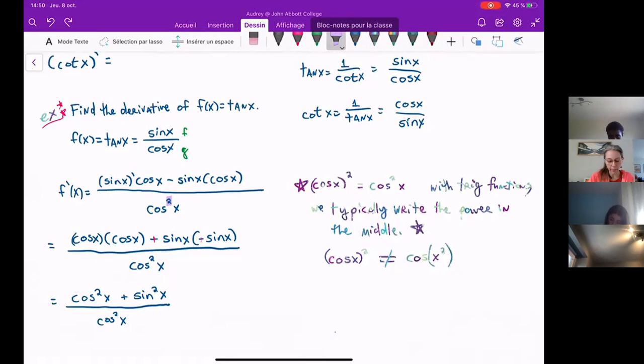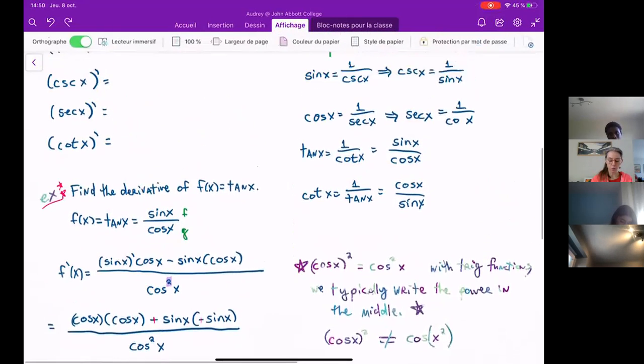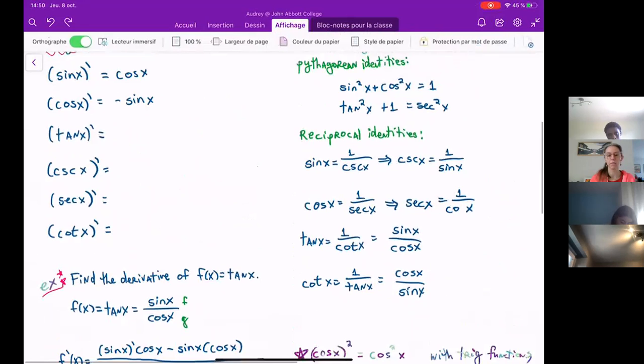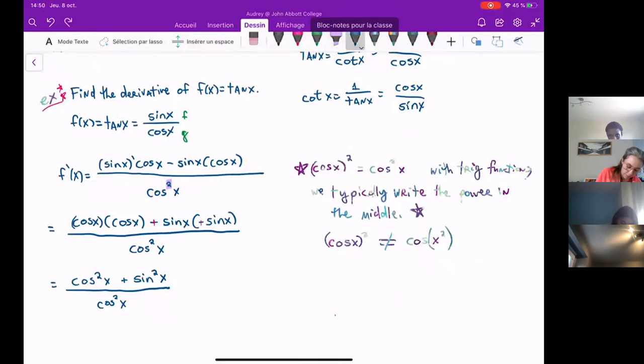Instead, I'm going to resort to my identities. What did we say cosine squared of x plus sine squared of x is equal to? Good job, Denny. So our identity says sine squared plus cosine squared is equal to 1. So this right here is equal to 1 over cosine squared x.